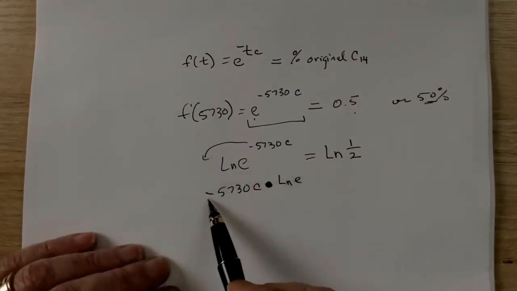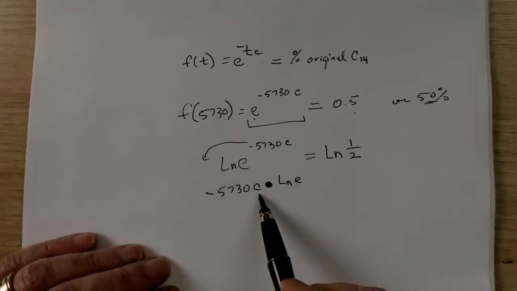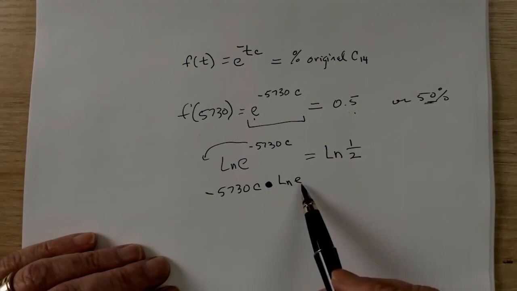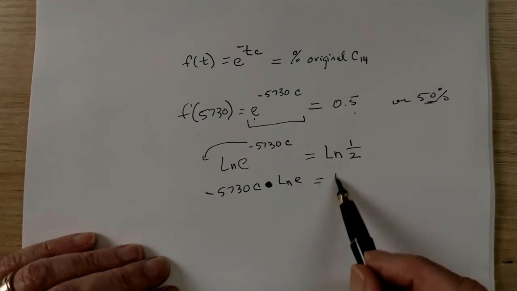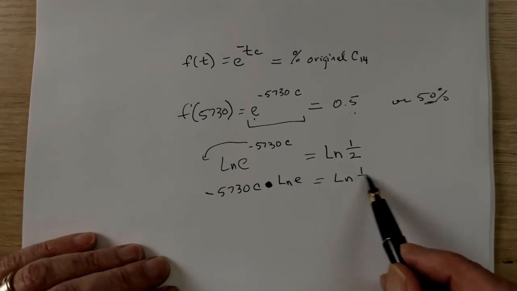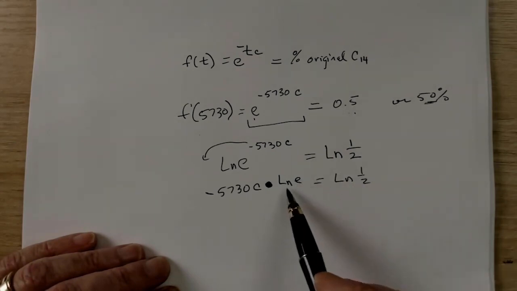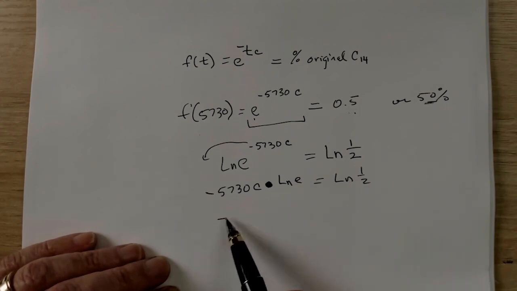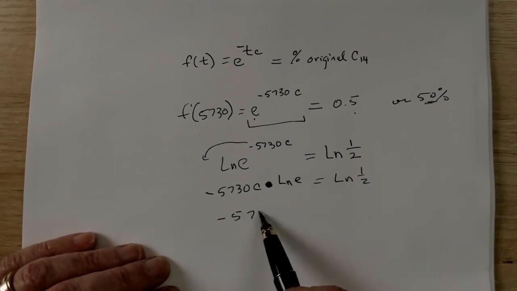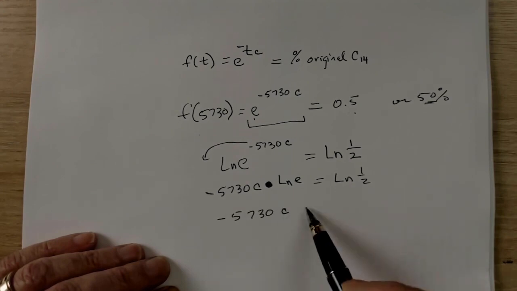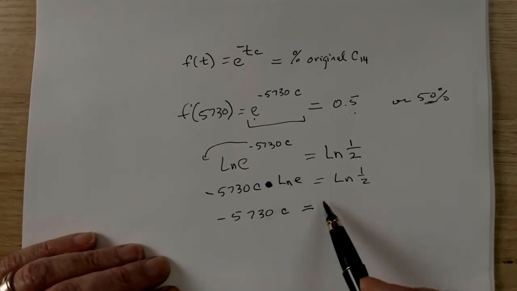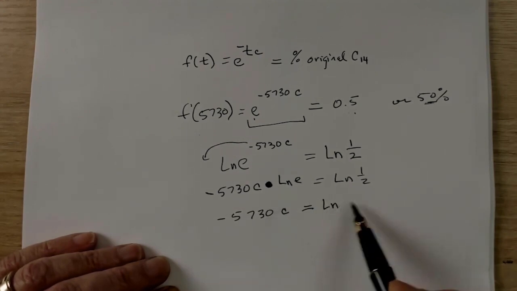So now we have negative 5,730c times the natural logarithm of e equals the natural logarithm of 1/2. Recall that the log of a number taken to the log of that same number equals 1. We can rewrite this as negative 5730c times 1 equals the natural log of 1/2.